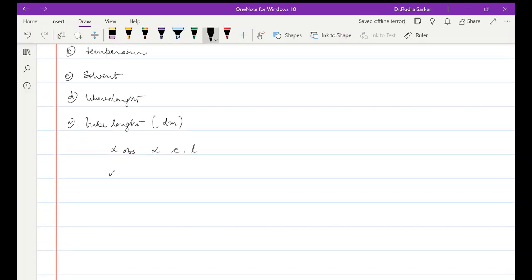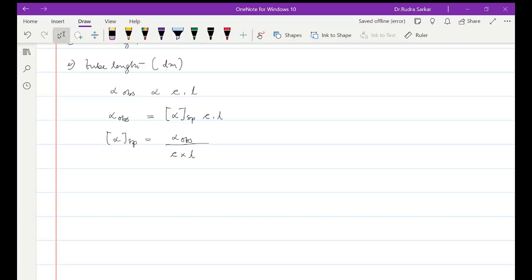So we can write that the observed rotation will be alpha specific times C times L, or the specific rotation will be alpha observed divided by concentration and the length of the tube. Okay.